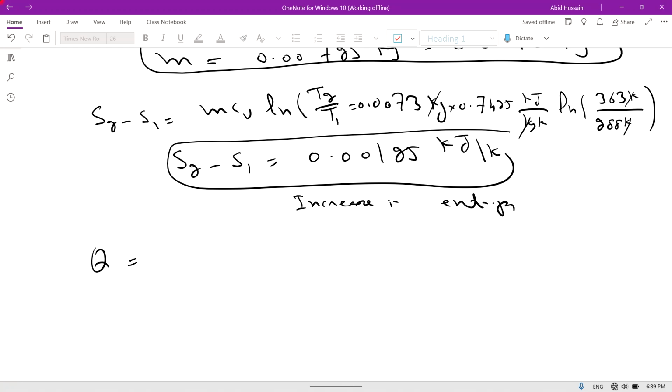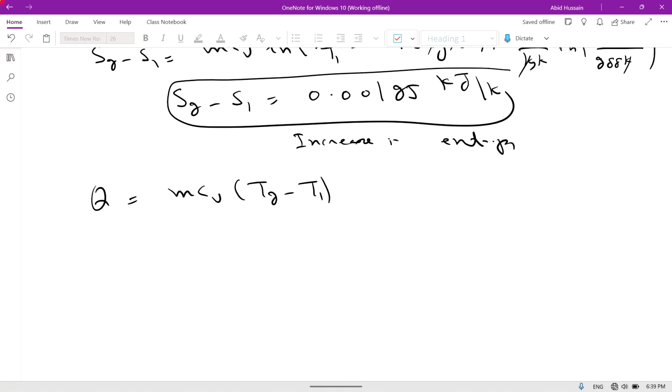Now we find the heat supplied. Q is equal to m CV, for a constant volume process for a perfect gas, m CV (T2 minus T1). The value of m is 0.0073 kilogram.